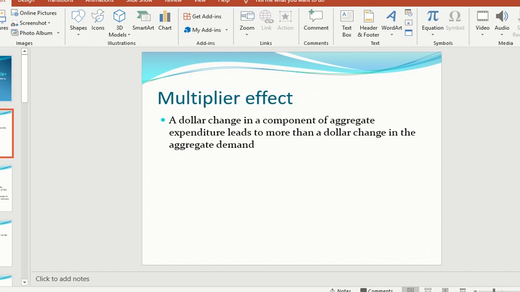So how does that happen? It's like magic. It's not a one-to-one relationship. How does the multiplier effect take place? I'm going to bring you to the appendix at the end of the PowerPoint slides.